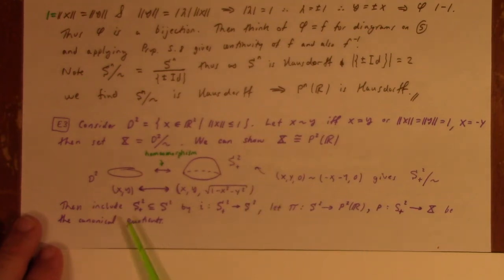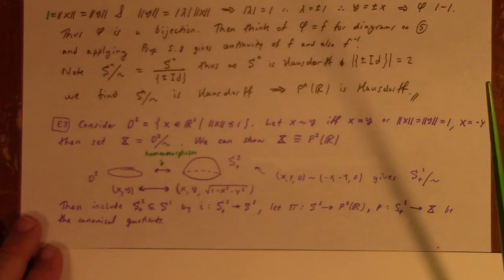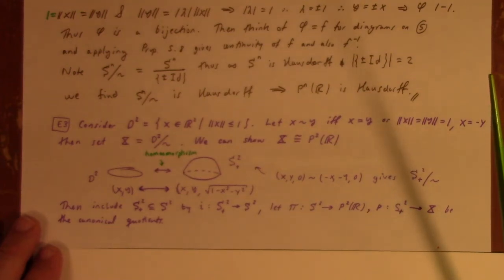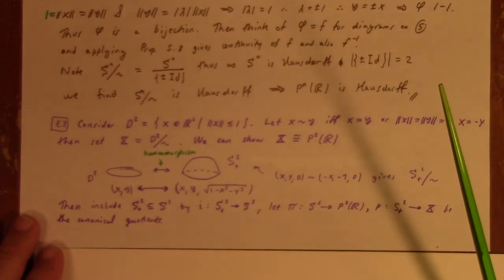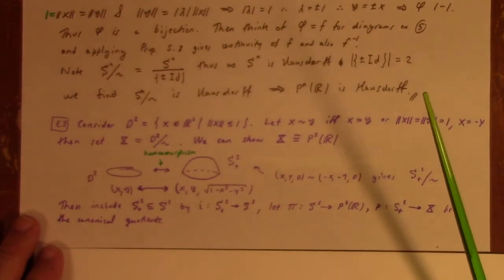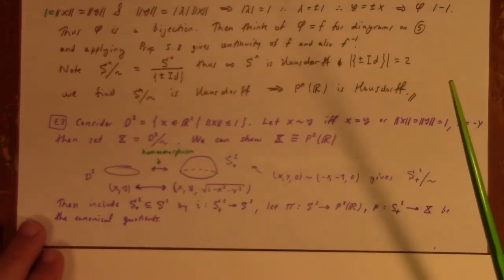And then since the upper hemisphere is half of the 2-sphere, you can include it in the 2-sphere. It meets each G-orbit of the antipodal equivalence on the 2-sphere. It meets each orbit at least once, right? It's got at least x or minus x.